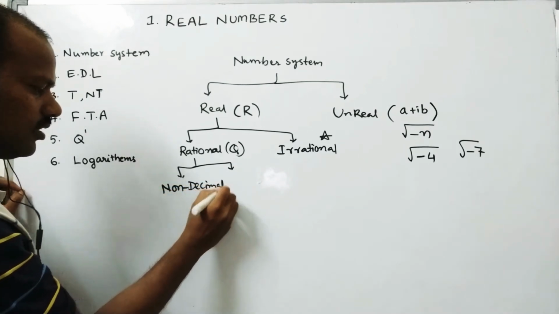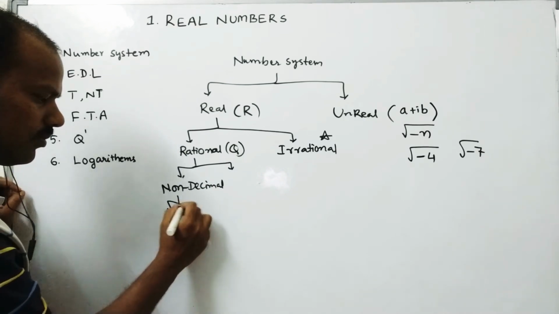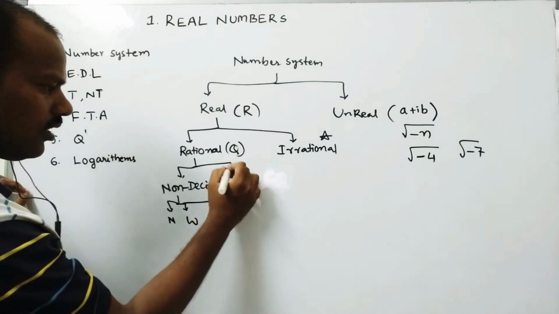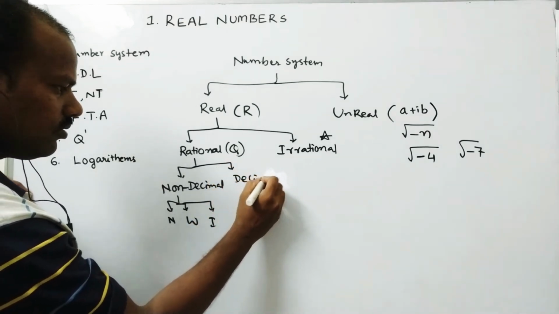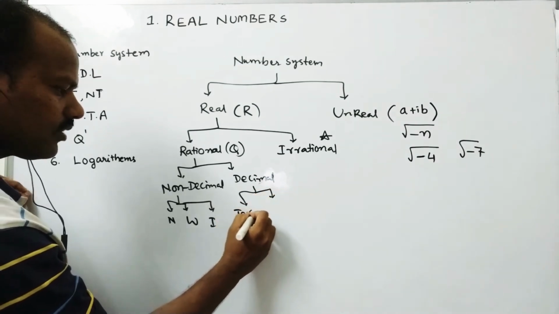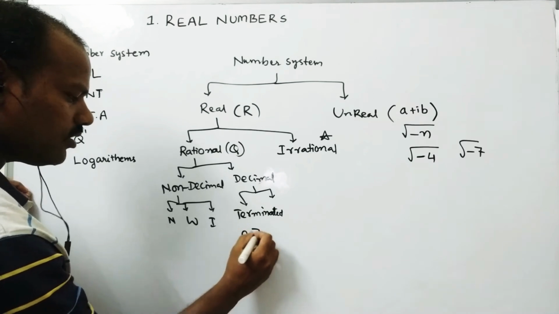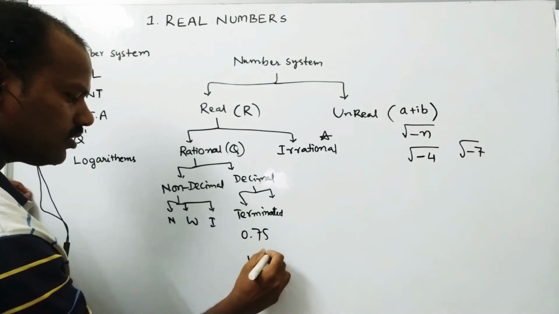Under rational numbers you have non-decimal numbers, which you studied in lower classes: natural numbers, whole numbers, integers, and then decimals. Decimals can be further classified into terminating and non-terminating recurring. Terminating means there is an end, for example 0.75, 1.26, 25.